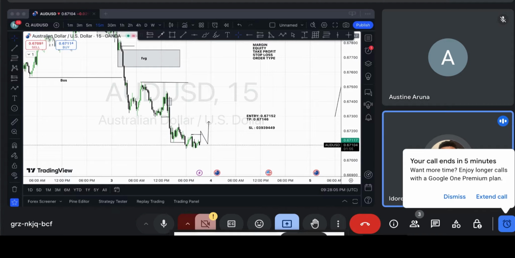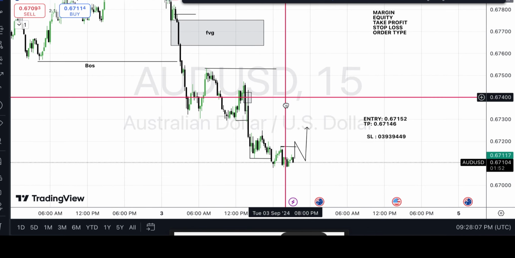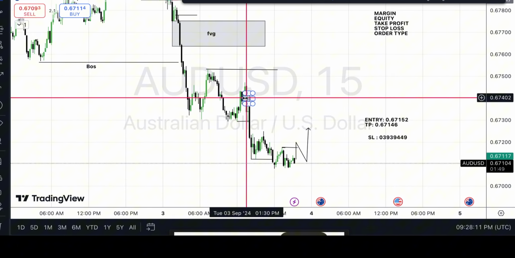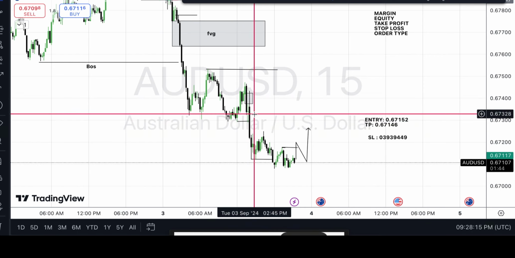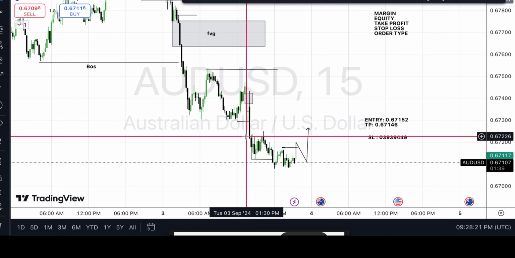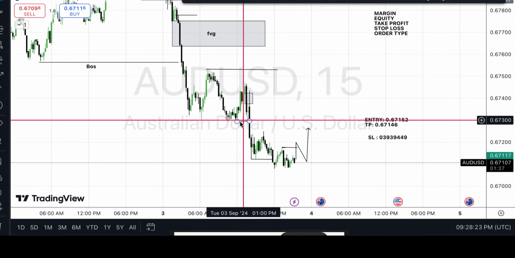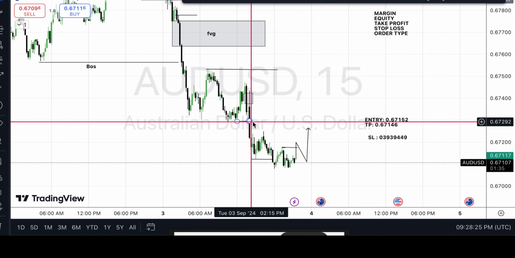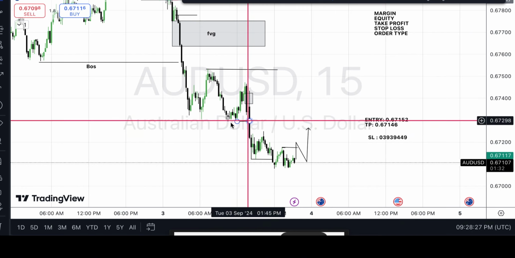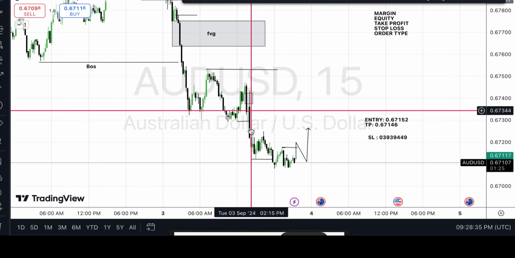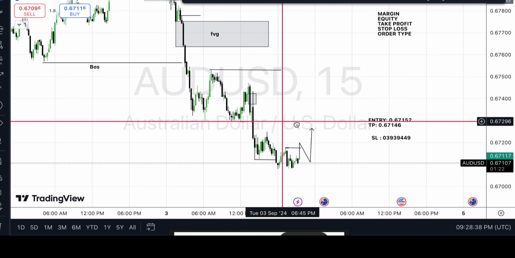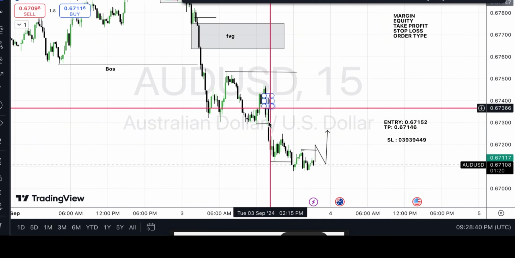So let me see if I can explain this. Let's say for example now, price breaks this place here. If price should get to this place, because of the force that's coming down, you know that there is enough volatility in the market at that moment.